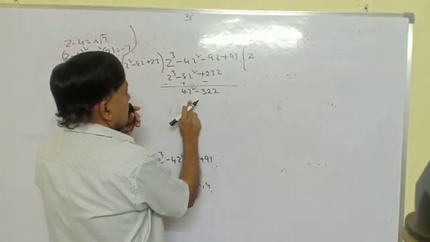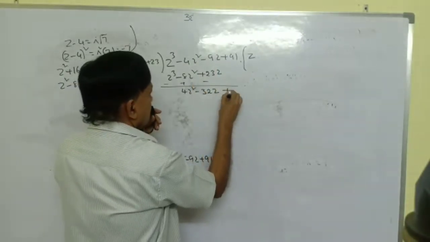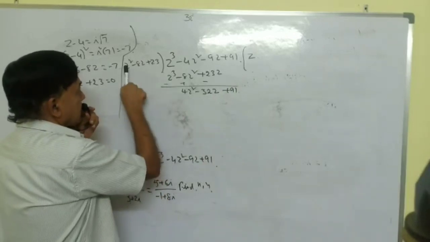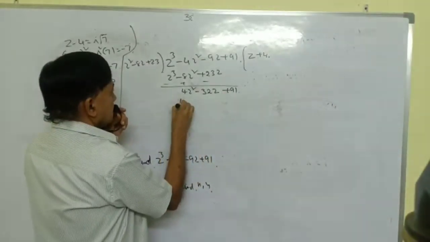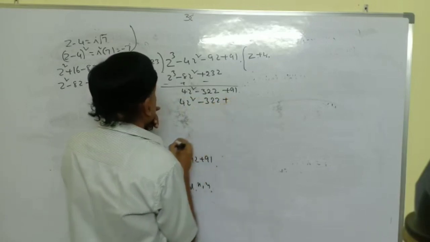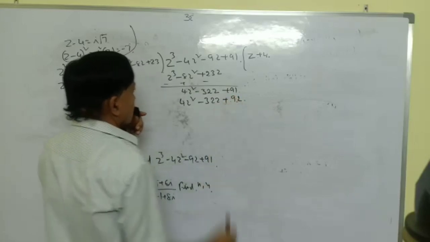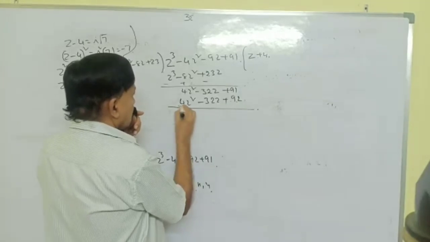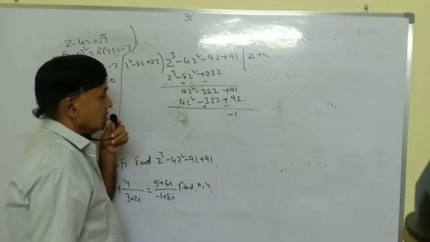This 4z square minus 23, minus 9 minus 32, plus 91. I have to make this 0. So I have to multiply this with what? 4. So z plus 4. So 4z square minus 32z plus 92. So minus plus minus. So you will get minus 1.